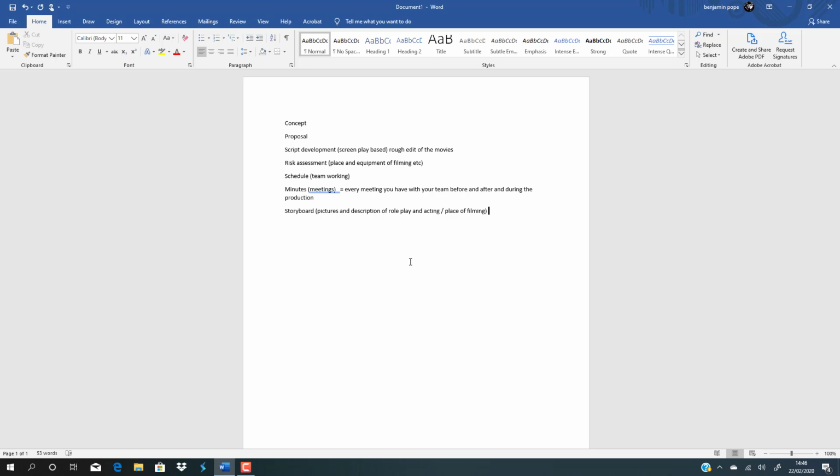Sorry about that. It'll be the pictures and the description of the role play and acting and the place of filming. So you do a picture and then a description of what the picture is according to a screenplay definition, and then you can use more detail than that, but that's basically the short definition of a storyboard.